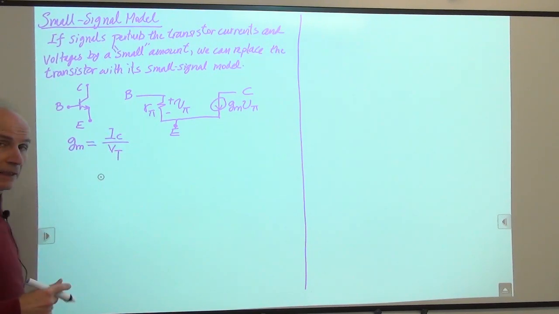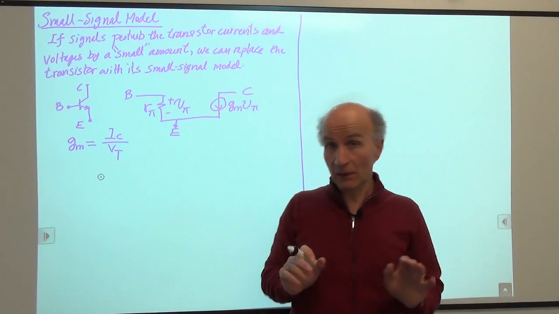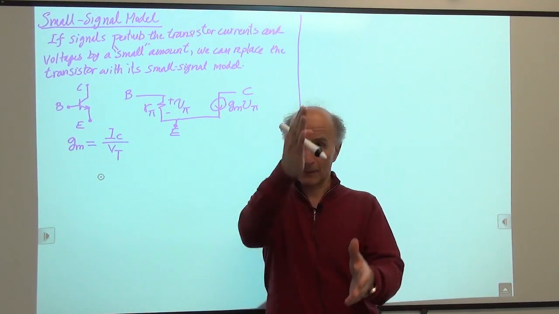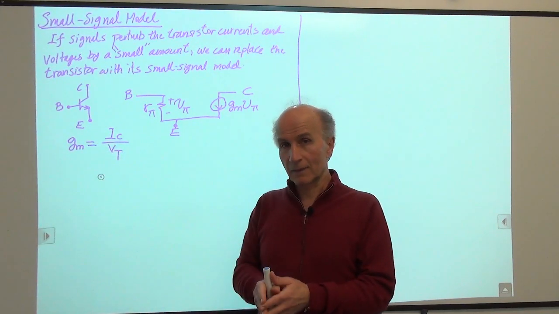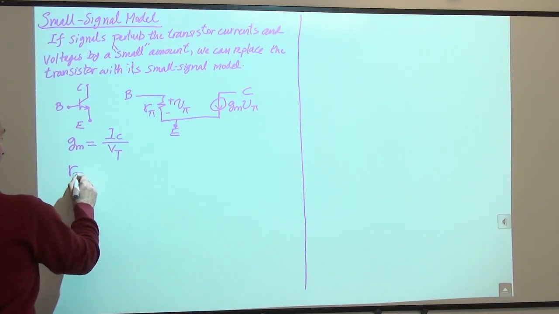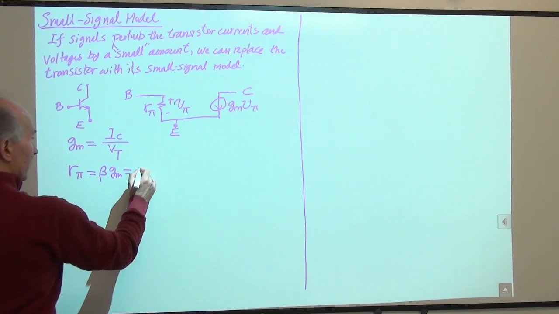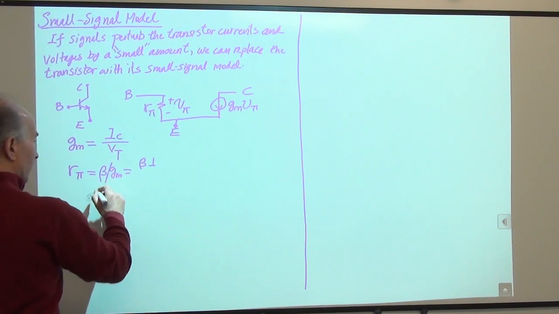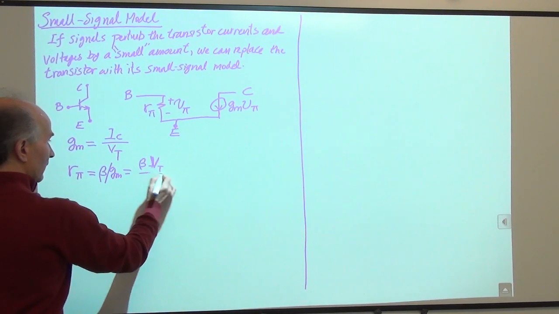This capital IC is the current that exists inside the transistor before the signal comes in. So we have biased the transistor, we got some amount of current flowing through it, and based on that we can find the transconductance. And then R pi is simply beta over Gm, so that's beta Vt over IC.